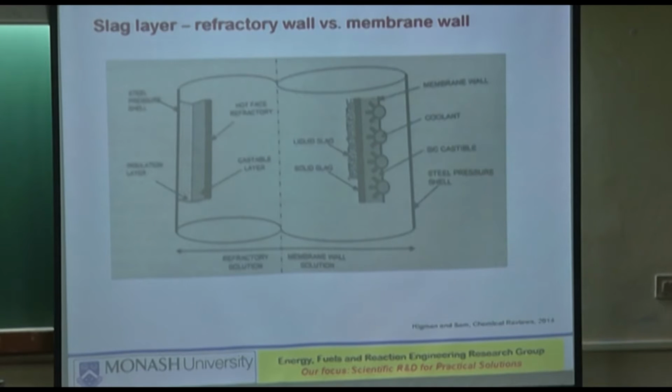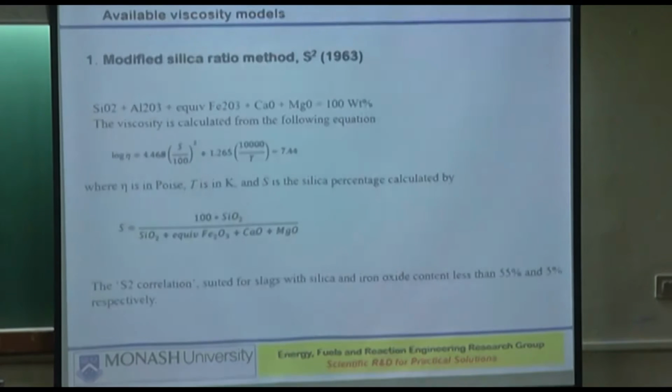So there are certain models which are available that can predict the viscosity quite well for certain types of coal ash. That's what I will first go through: what are the available viscosity models?